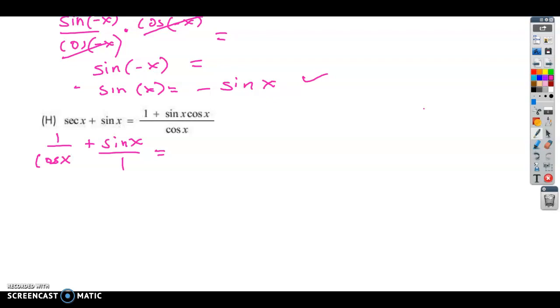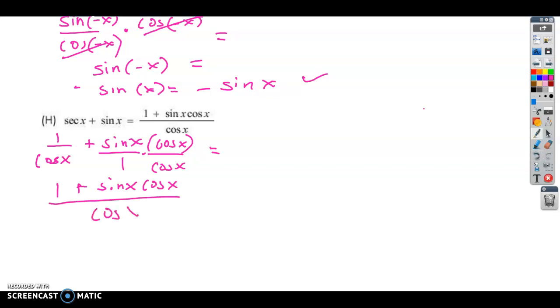So I'm going to erase this equal sign, and I'm going to multiply by a special one, cosine of x over cosine of x. Okay, now I'm going to rewrite that as 1 plus sine cosine, and that's all over cosine of x.